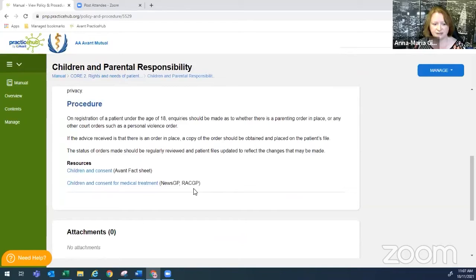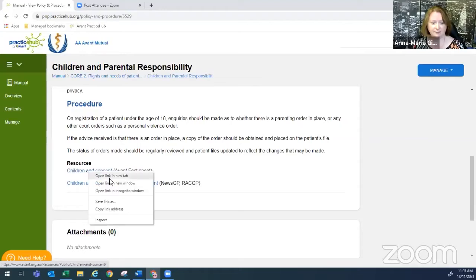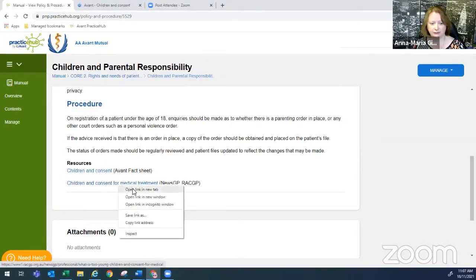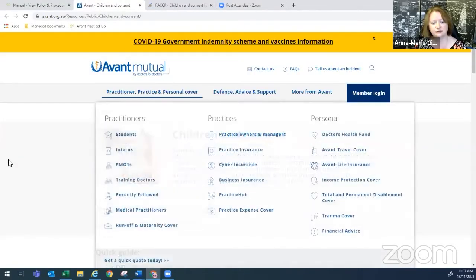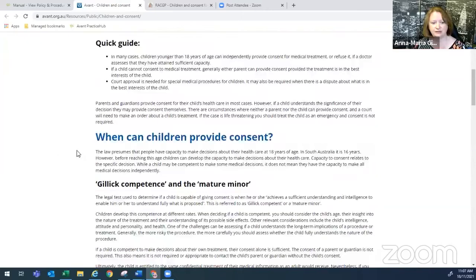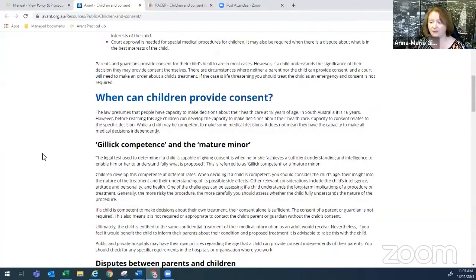And when it comes to some resources, Avant have got a really good fact sheet around this, so children and consent, and there's also a really good article from News GP here. So children and consent that talks about, you know, when can a child provide consent. Most healthcare professionals would be familiar with the Gillick competence and the mature minor concepts.